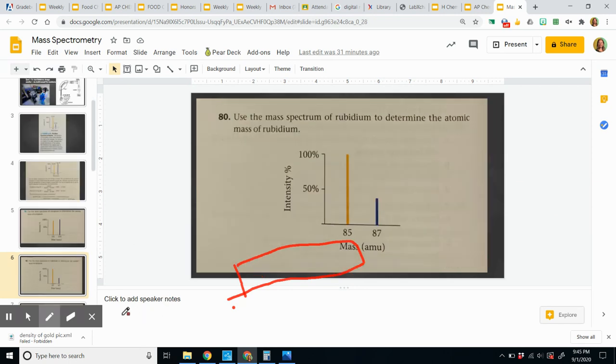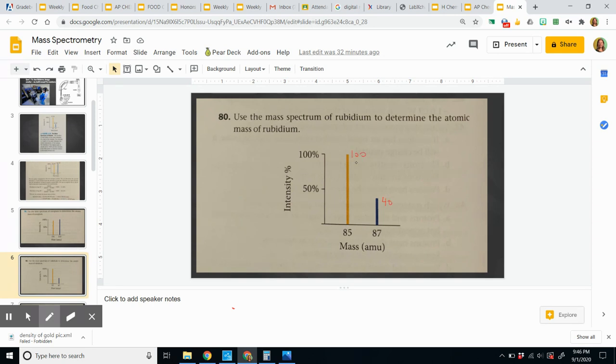All right, number 80. Number 80, we have the mass spectrum of rubidium, Rb, and it's telling us that there are two isotopes. So we can see there's two peaks there. One is at 100, the other one is below 50. So this one is going to be 100. And let's say that this one over here is, I'm going to say 40. It's a very rough estimate.